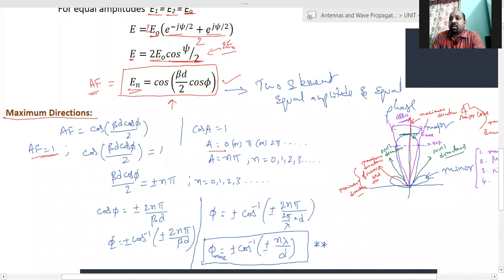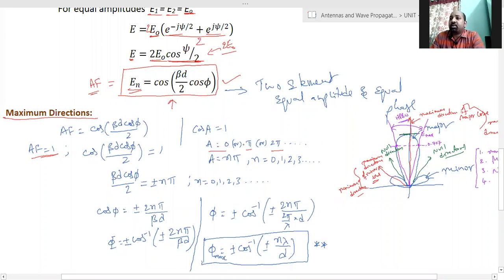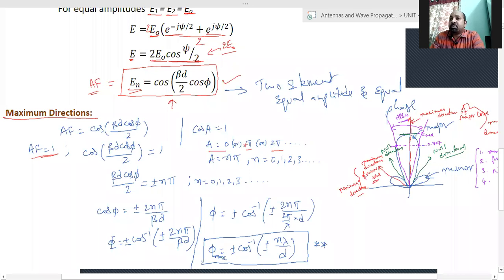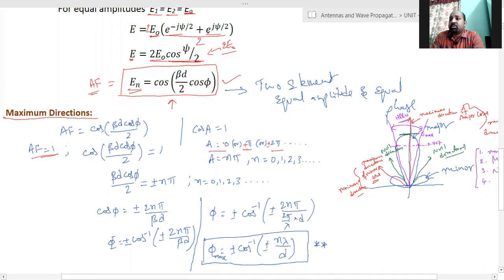Then A is equal to 0, pi, 2 pi, and so on. Even if it is plus or minus, you will get 1, plus or minus 2 pi and so on. So therefore, A is equal to n pi.